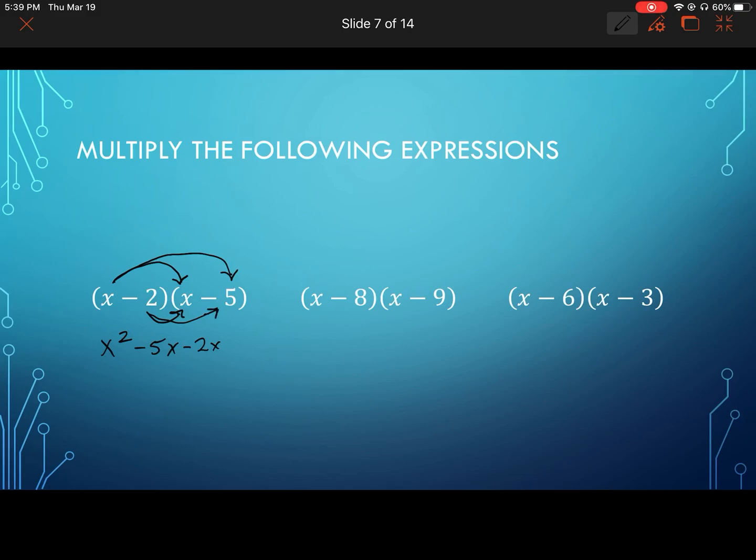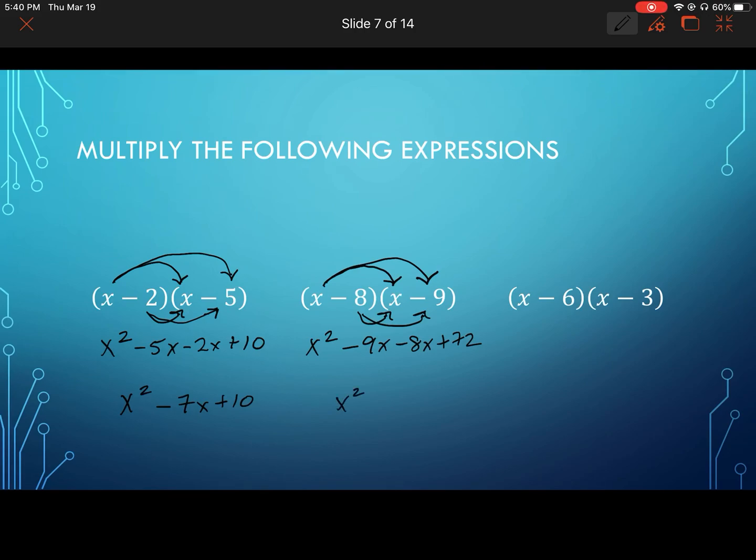Now we've got negative 2 times negative 5. So I'm back to a positive 10, which is what I had on the first one. Combine like terms, I get x squared minus 7x plus 10. For the middle one, I've got x squared again, minus 9x, minus 8x, positive 72.